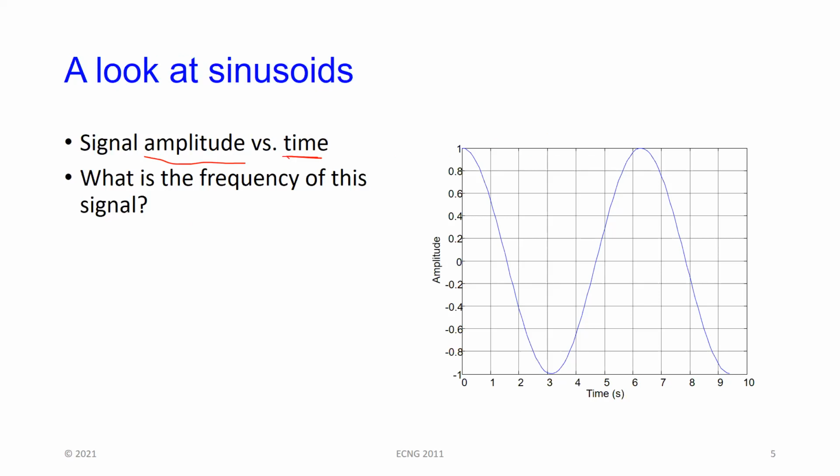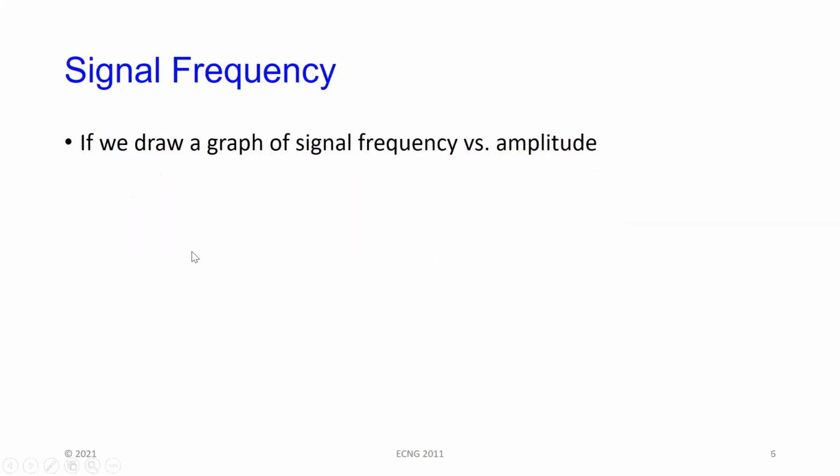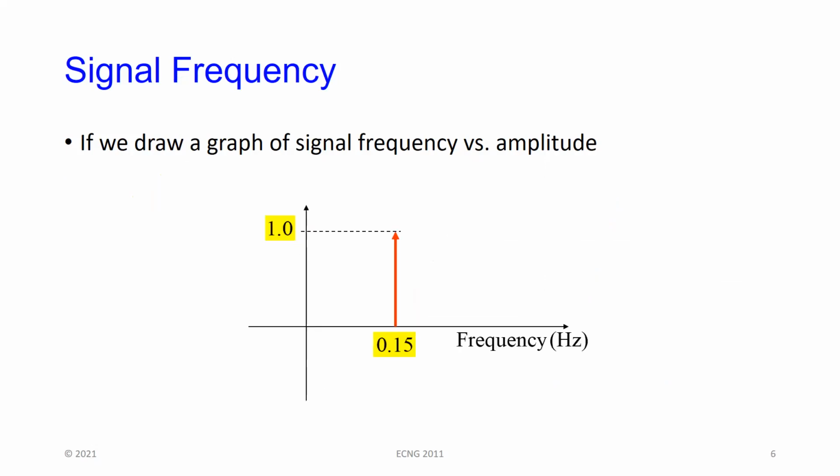How many frequencies does this particular signal have? Anybody, quickly? One frequency. So what you're going to have is something with one mark on it, representing that single frequency.